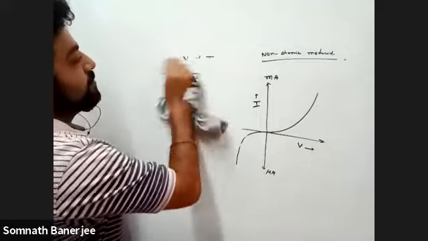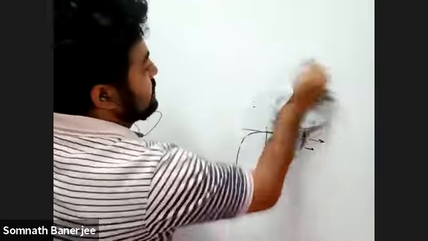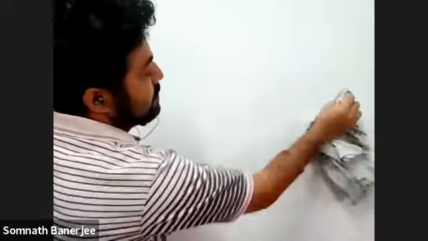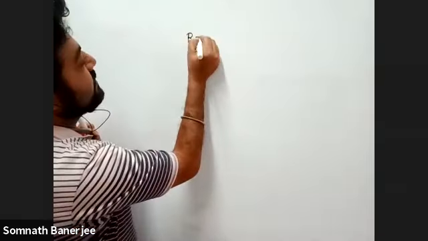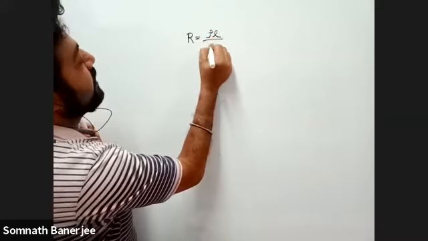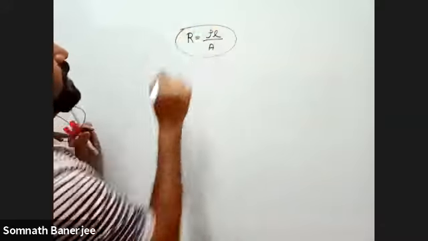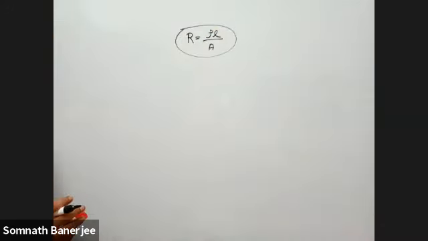After that, one more important part, which is very important for board as well as for entrance exams. We all know resistance is equal to rho L by A, where rho is the resistivity, L is the length, and A is the cross-sectional area.